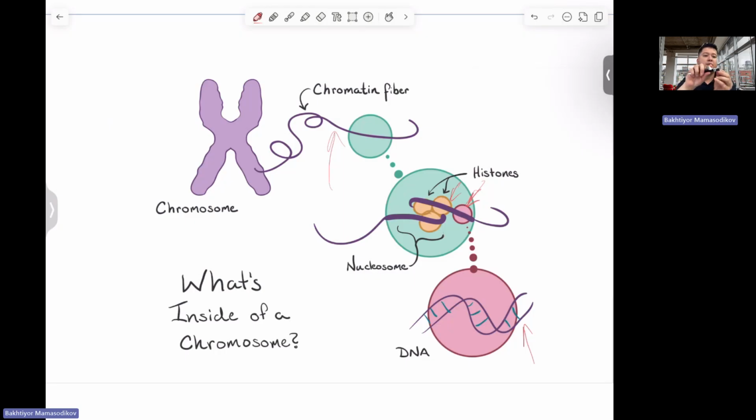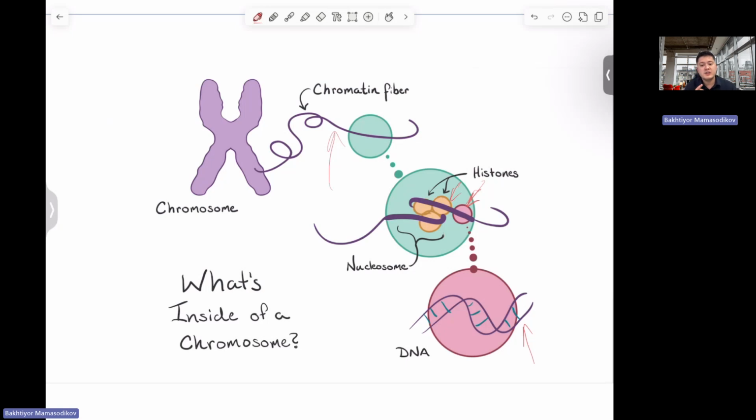If I wrap it, it will be tightly coiled. So histones are proteins which the DNA wraps around to make the chromatids. During cell division, chromatin coils up tightly, which makes the chromosomes. Those chromatins then coil up even more tightly to make one chromosome.